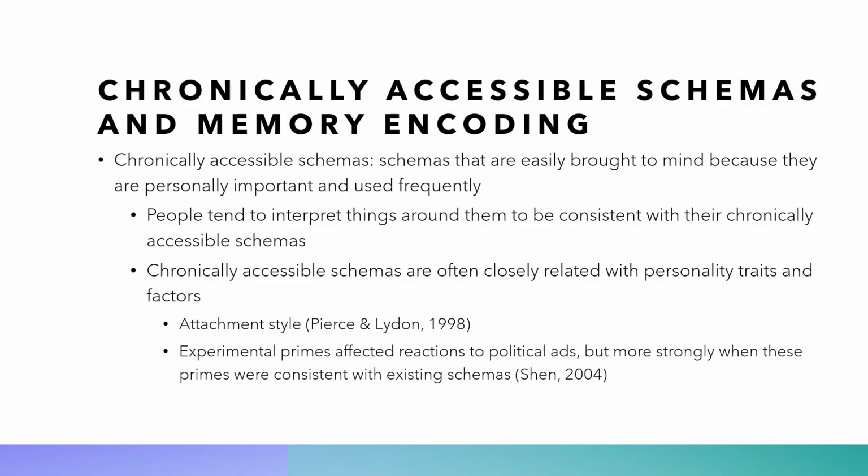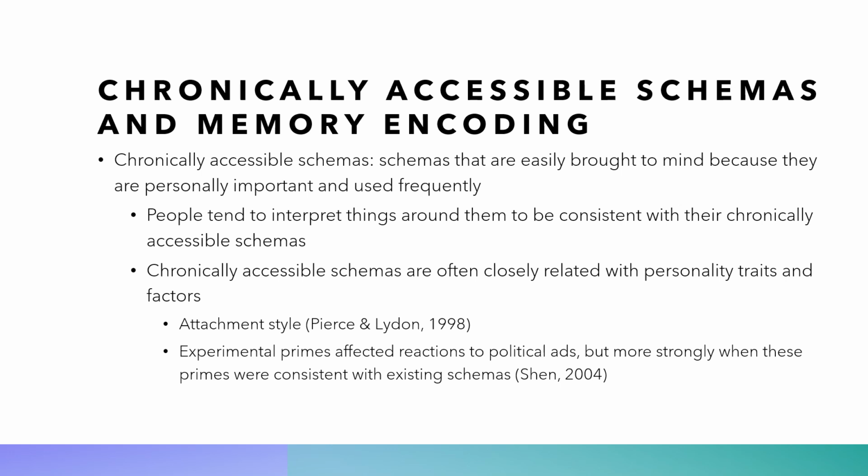Your book also covers the idea of chronically accessible schemas, and I want to talk about this as it relates to memory encoding. Chronically accessible schemas are schemas that are easily brought to mind because they are personally important and used frequently.